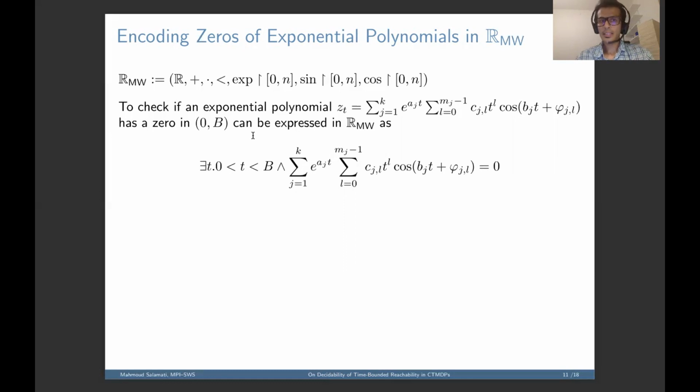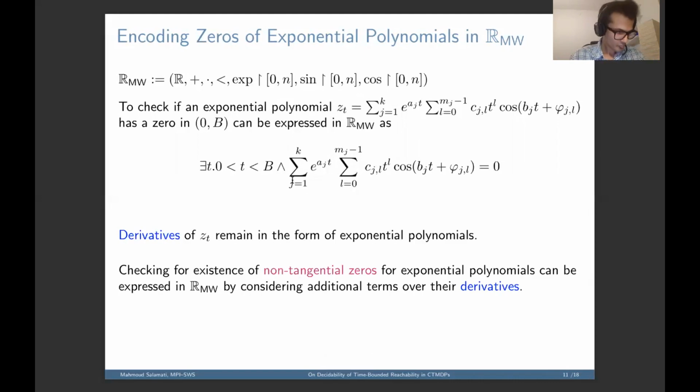We find this fairly easy to encode in the theory of reals augmented with exponential, sine and cosine over finite intervals. We just need to ask whether there exists a time point within this time interval at which the desired exponential polynomial becomes zero.